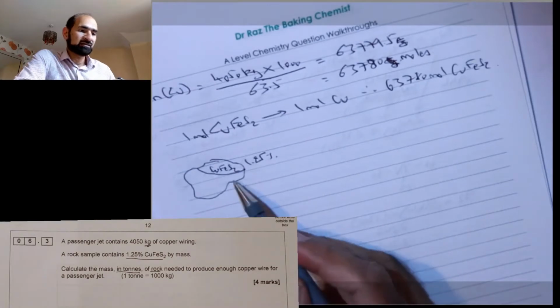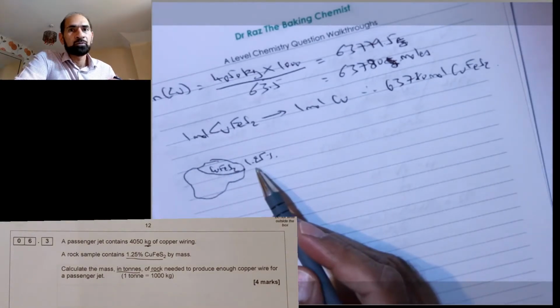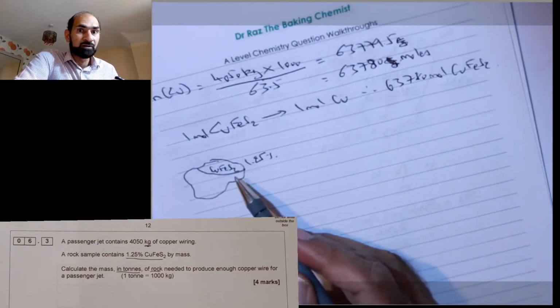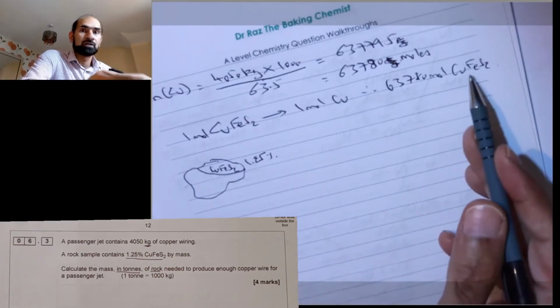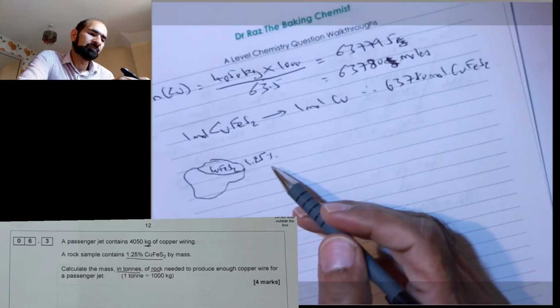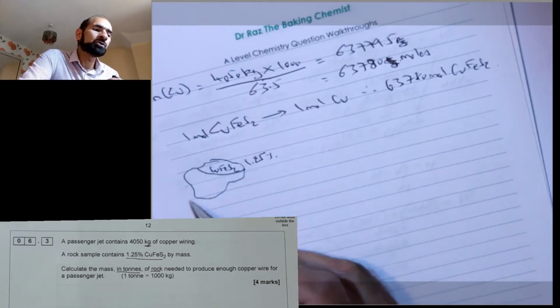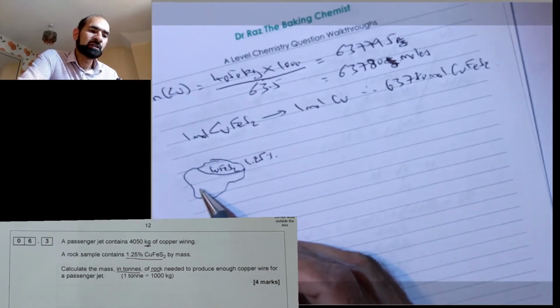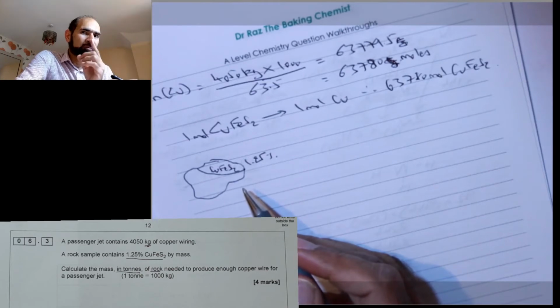So if I take a ton of this, only 1.25% of that is going to be that molecule, which will give me copper. So a simple way to do this is to find out how much of the ore you need for 1%, and then multiply by 100.